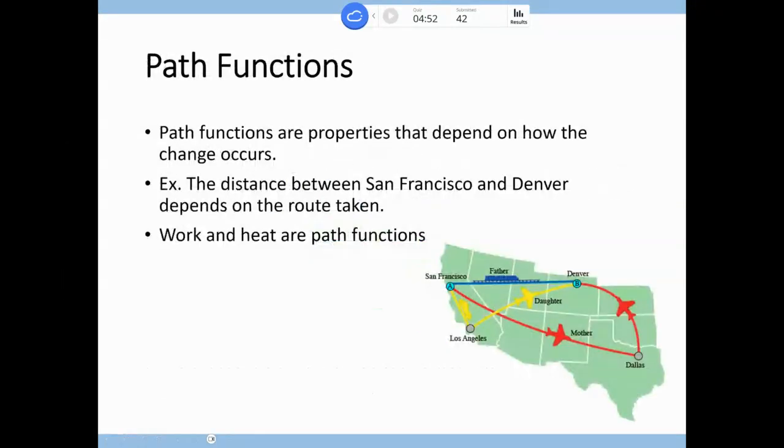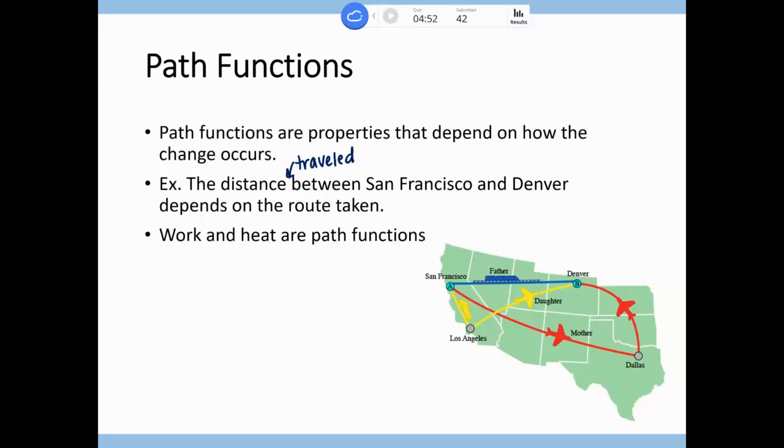And then path functions, so these are functions that are properties that depend on how the change occurs. So the distance between San Francisco and Denver, it's not really the distance between, but the distance traveled between San Francisco and Denver depends on the route taken.